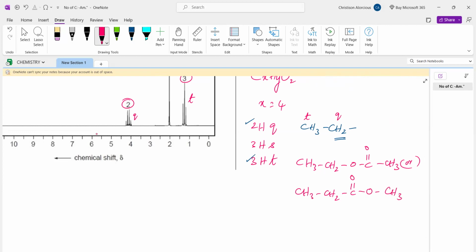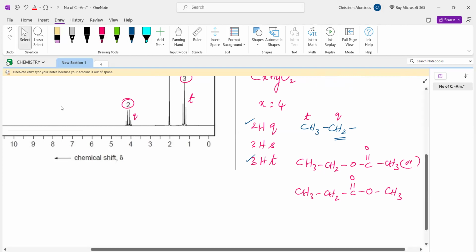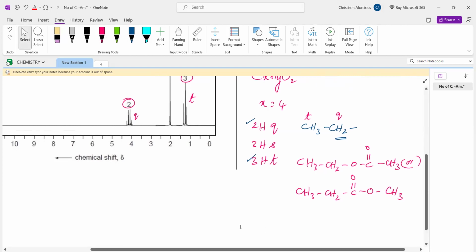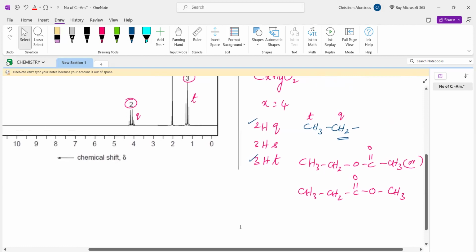So it could either be methyl propanoate, which is the second compound that I mentioned, or it could be ethyl ethanoate, which is the first compound.